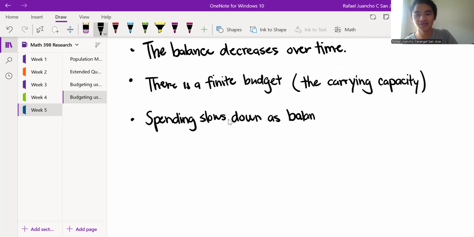So the spending slows down as balance diminishes. If we have a lower balance, definitely how we should spend the rest of our money should be a bit slower, or else we won't have enough for the whole period. I'm planning to do this budget until August 24 specifically, because that's when my quarter ends. If I have nothing to spend from, let's say, August 20, well, I'm broke.